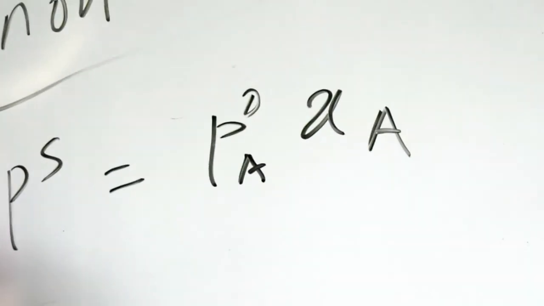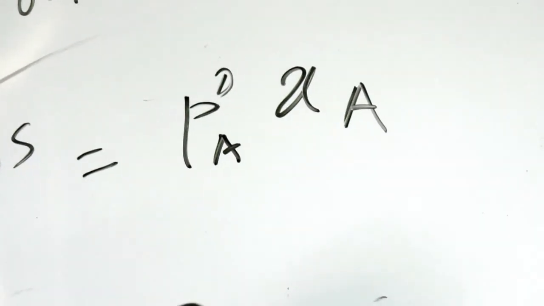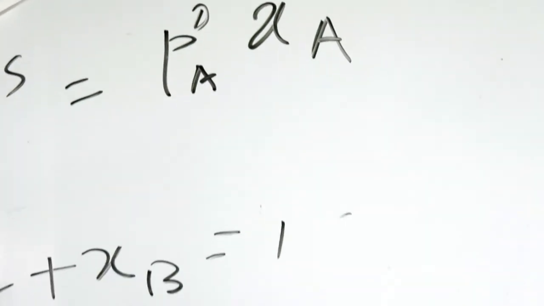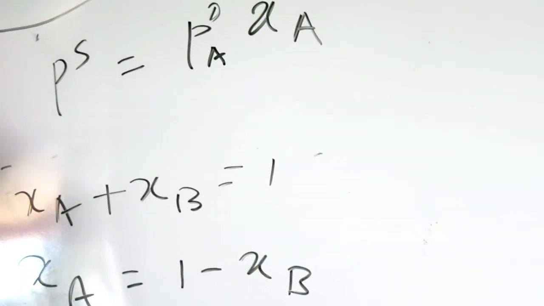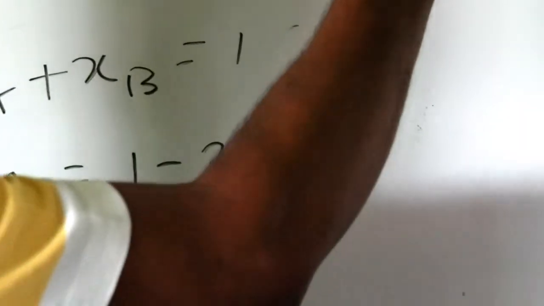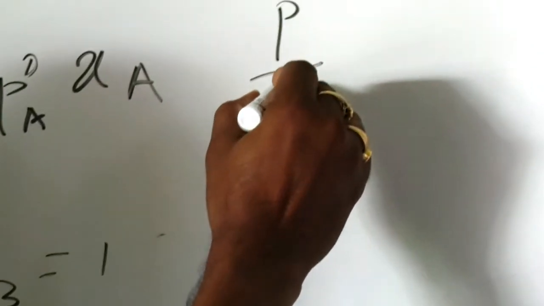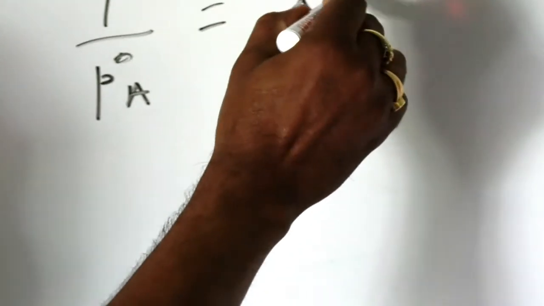Again, we know that Xa plus Xb is equal to 1, so Xa is equal to 1 minus Xb. Here Ps by P0A is equal to Xa.